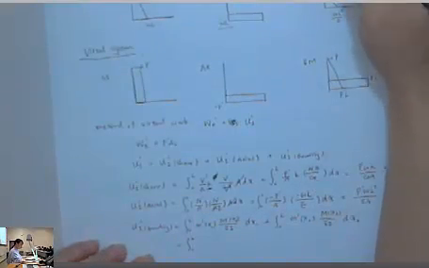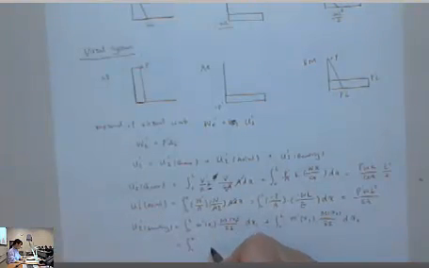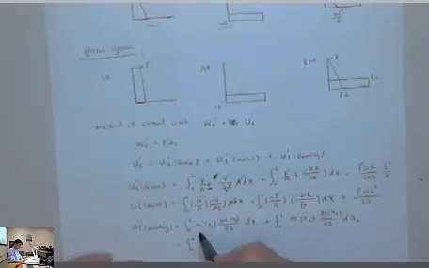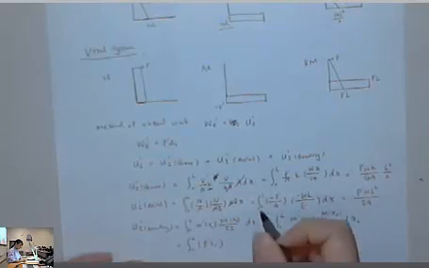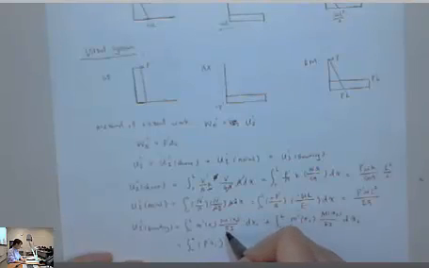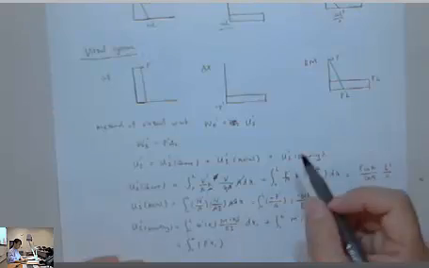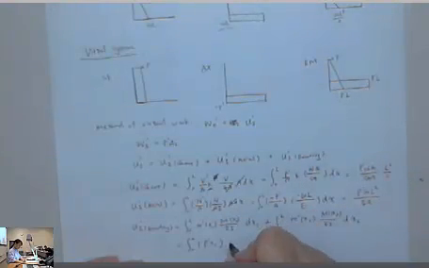So for member BC, what would be this M prime? That's right. P prime x1. And how about the curvature, real curvature?